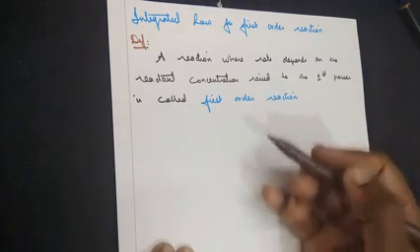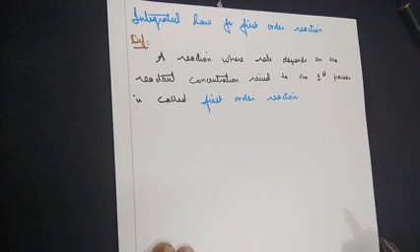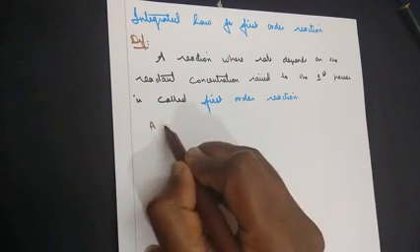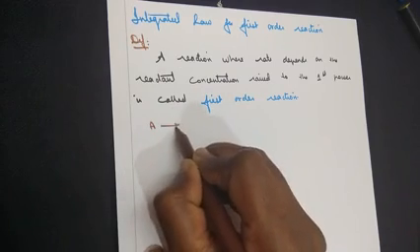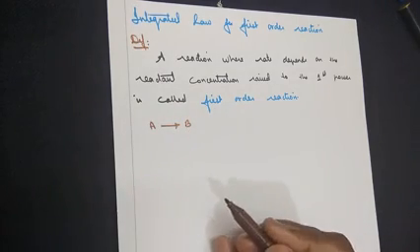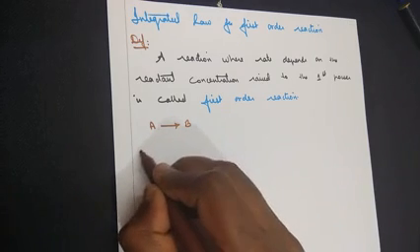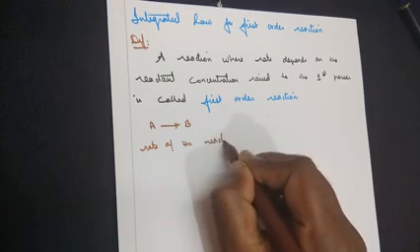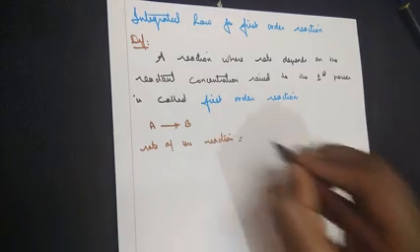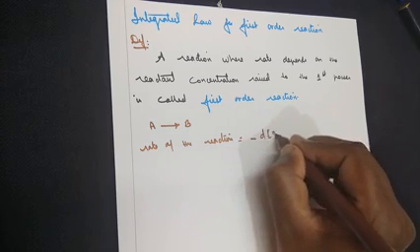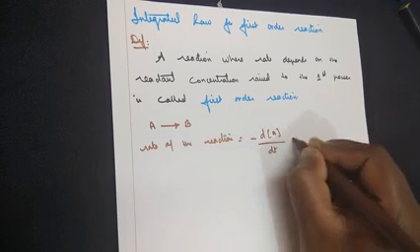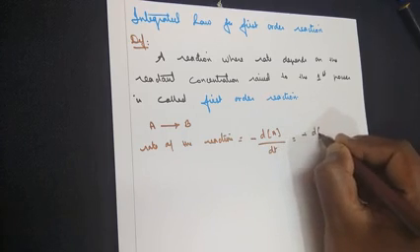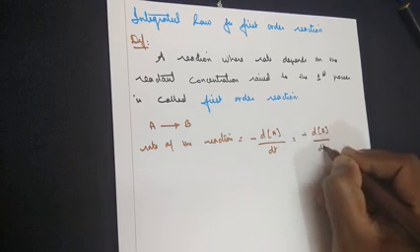Let's see the mathematical expression for the first order reaction and how to calculate the rate constant from the given expression. So consider a reaction where a reactant A gives us the product B. Normal way of writing the rate of the reaction is equal to minus d of A by dt is equal to plus d of B by dt.